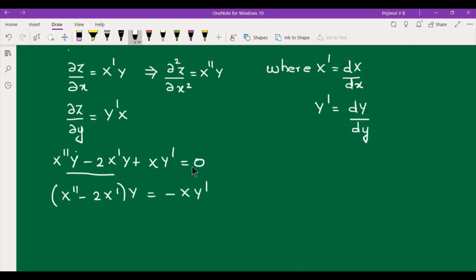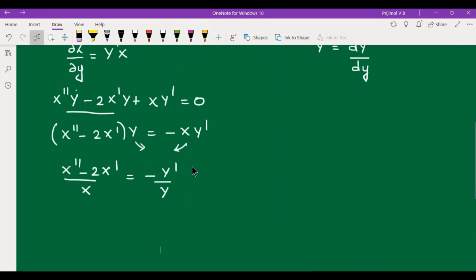As I said earlier, we have to separate the variables, that is, X must be on one side and Y must be on the other side of the equation. So I am bringing this X to the left hand side and Y to the right hand side. So you get X double dash minus 2X dash by X is minus Y dash by Y. Thus the variables are separated now.